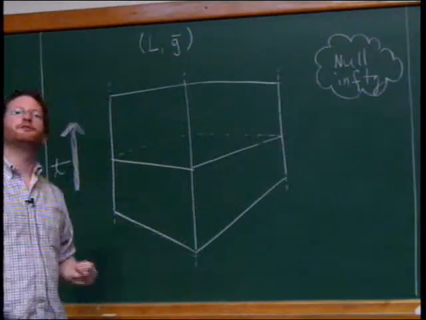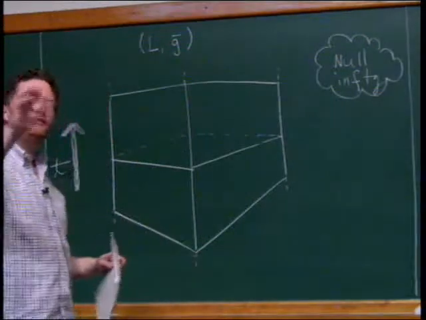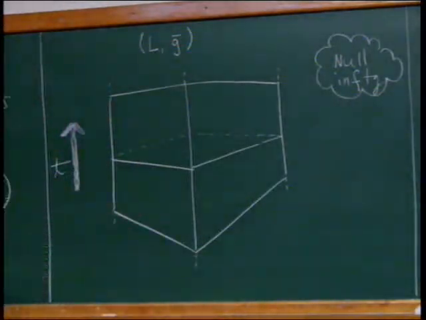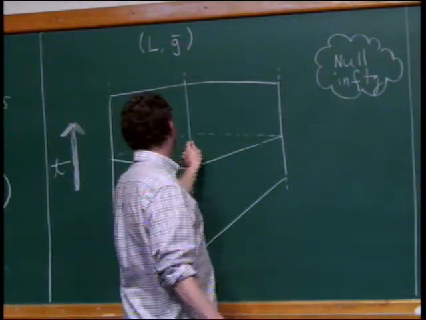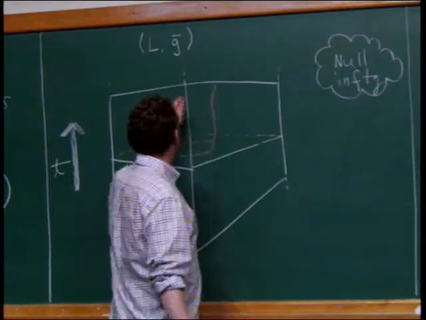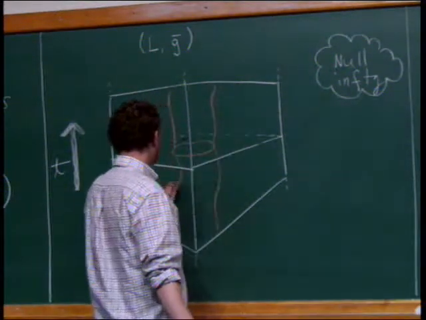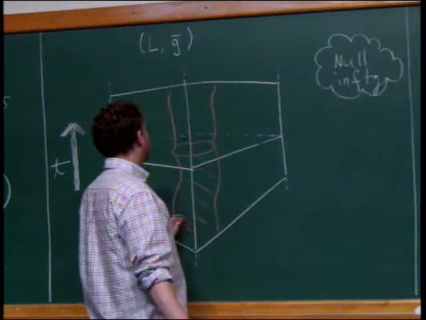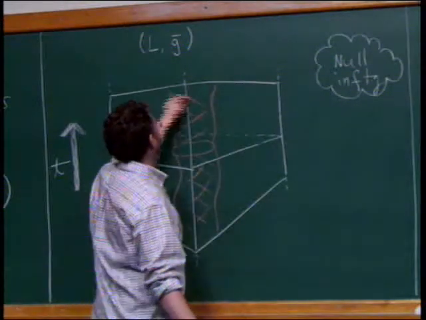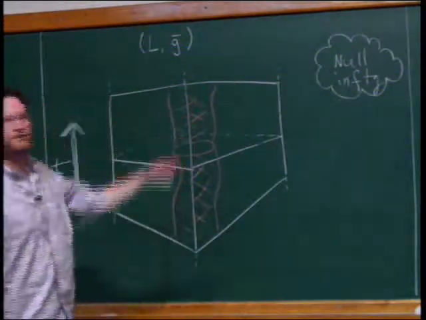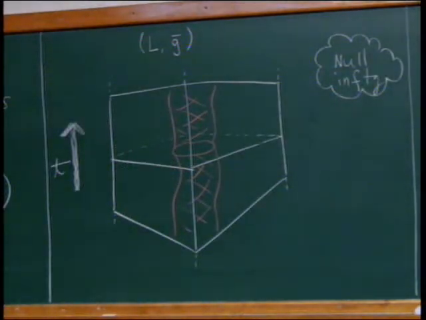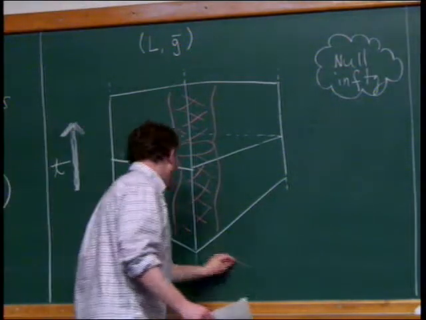So there are two types of points: those that can reach null infinity via null geodesics and those that can't. This defines a region in your spacetime where the points inside cannot reach null infinity. And this is called the black hole region.